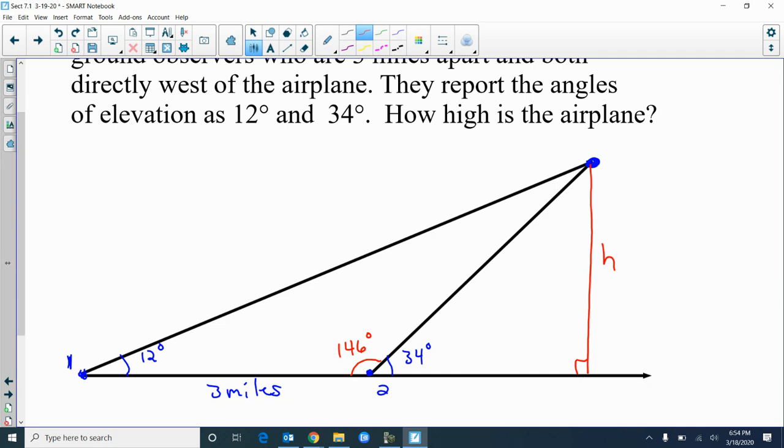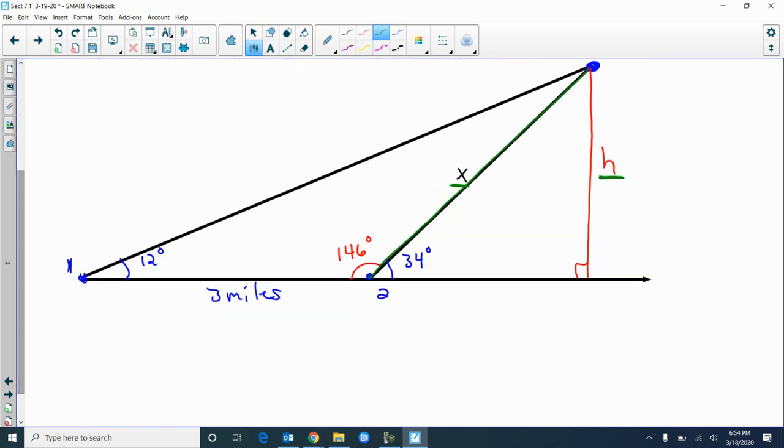I'm going to have to break this up and find it in two cases. What I can do is find this length right here, where I labeled x, using this non-right triangle. And once I have that, I've got the opposite side and the hypotenuse, so I can use sine again. So let's find x. In order to find x, I'm going to need to know this angle at the top. Well, 146 and 12 is 158.